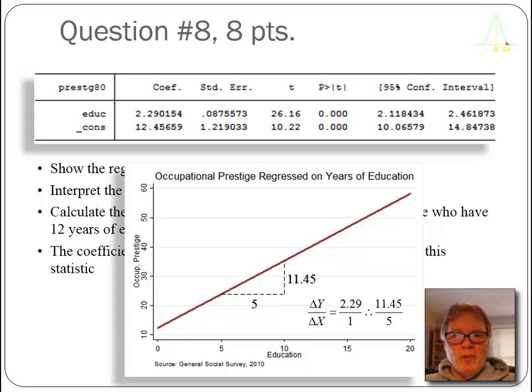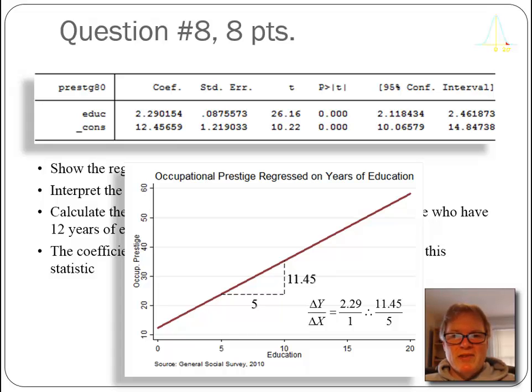To make this more visible on the graphic, I said, what if we increased x not by 1 unit, so delta x is not 1, what if we increased it by 5? Delta x equals 5. Then I would take 5 times 2.29. If a 1 unit change in x is associated with a 2.29 unit change in y, then a 5 unit change in x must be associated with a 5 times 2.29 unit change in occupational prestige, and it's 11.45.